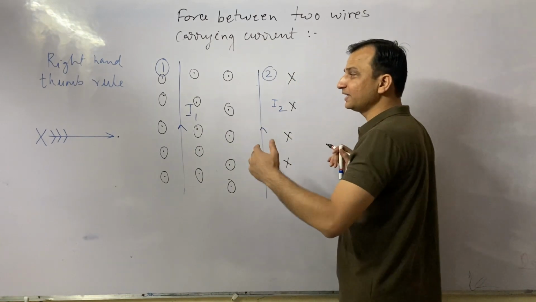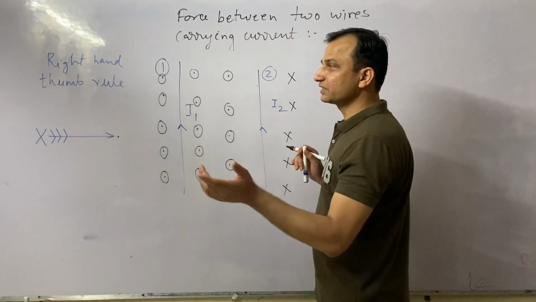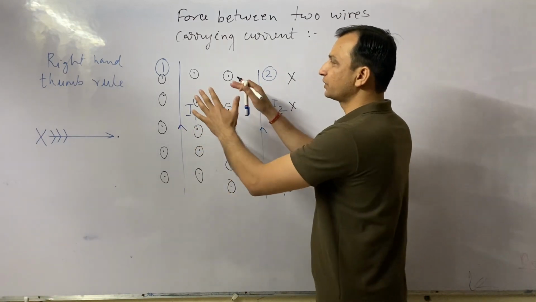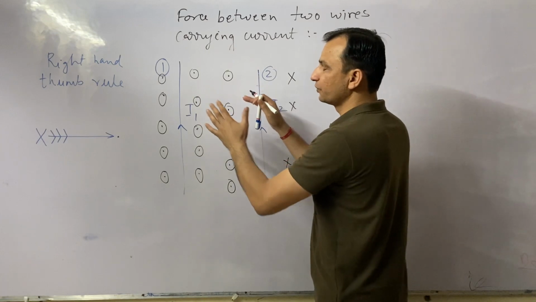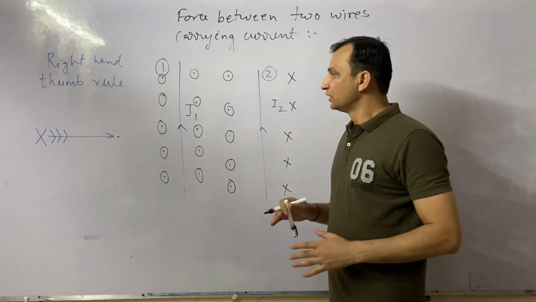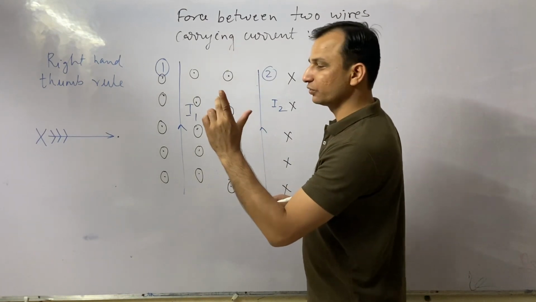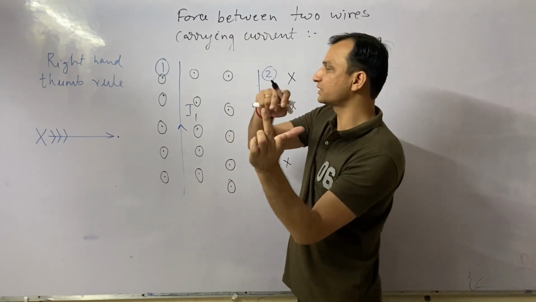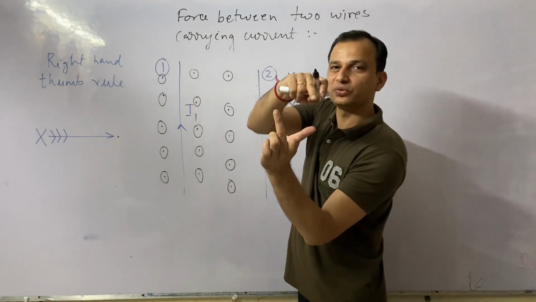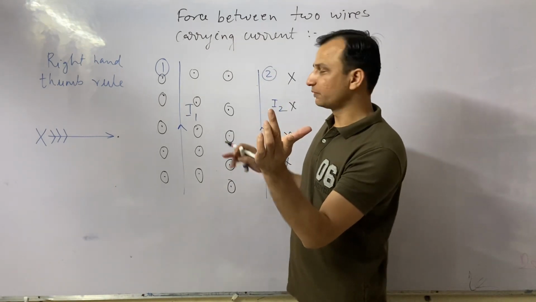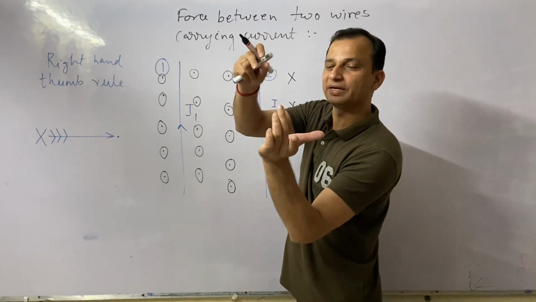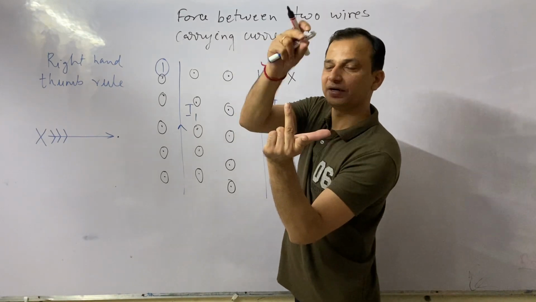Now if you apply the same Fleming's left hand rule here, you can find the direction of force easily. So let's apply Fleming's left hand rule. Now the direction of magnetic field is towards the camera or towards you. It means it's coming out of the page. Current is still upward.